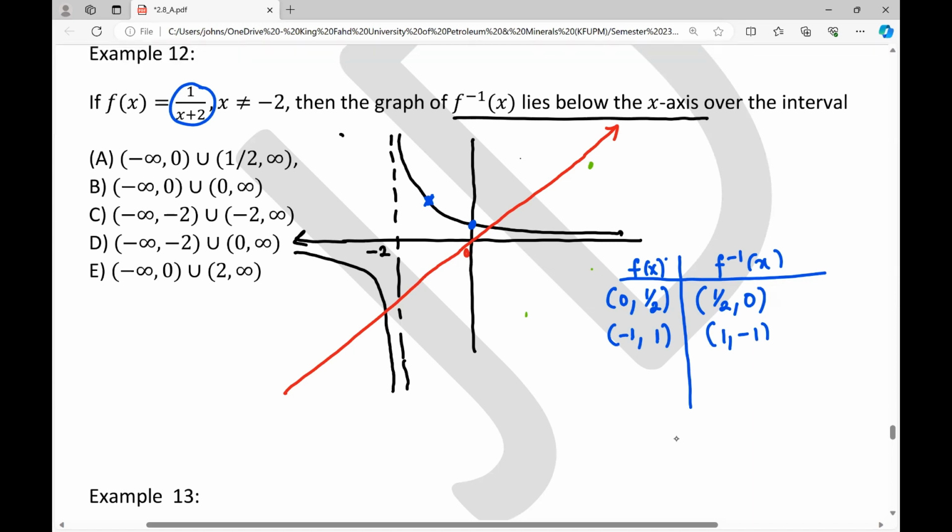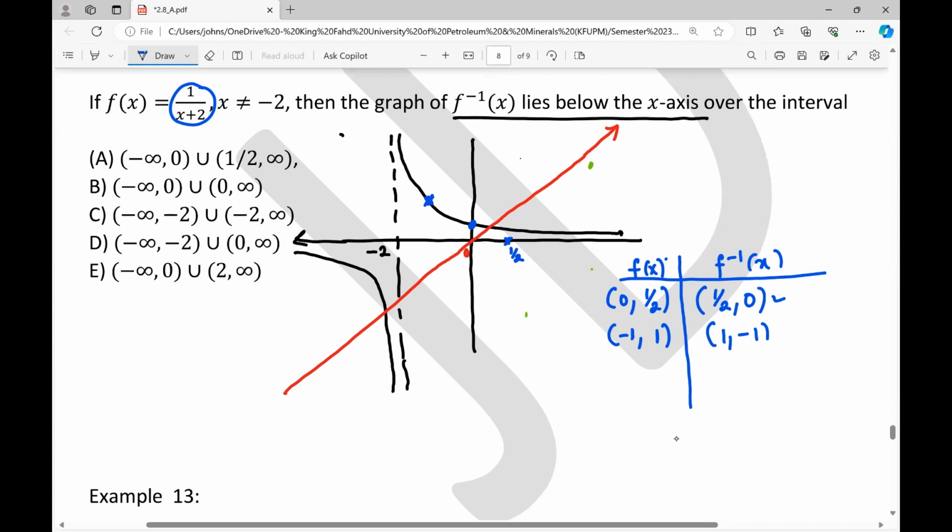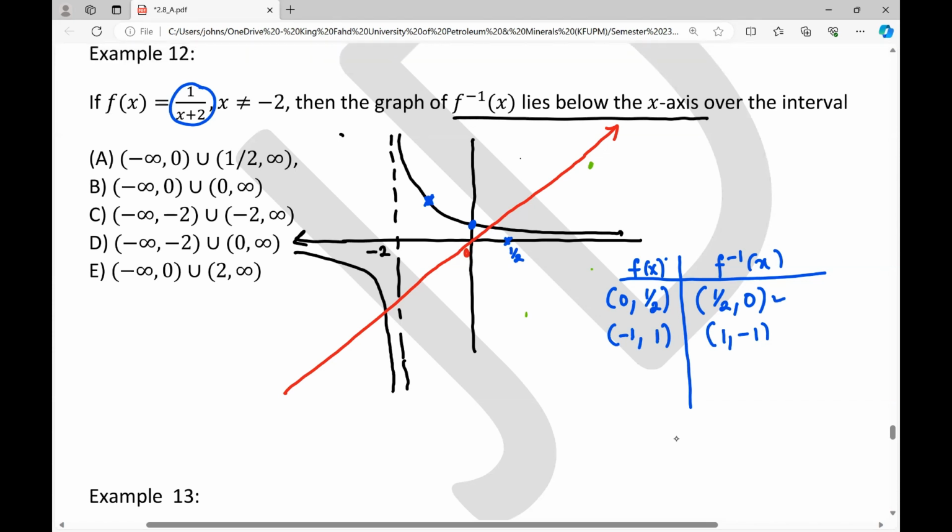Okay? So let's plot this graph here. So it means this point is going to be here. So let's call this one half, because this is half and 0.